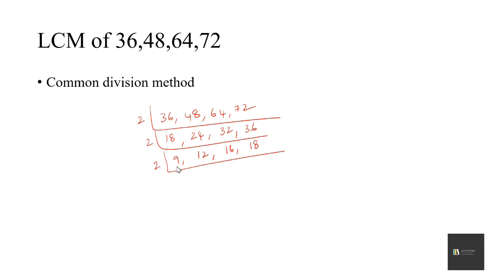You can't exactly divide 9, so I'm not dividing it. I'm writing it as it is. Two fours are 8 and 9. You can't divide 3 and 9 exactly by 2.